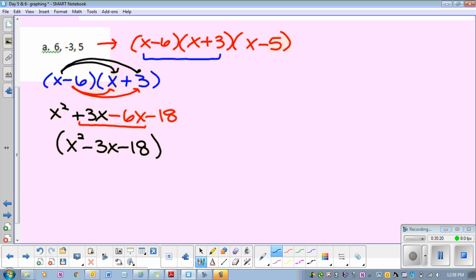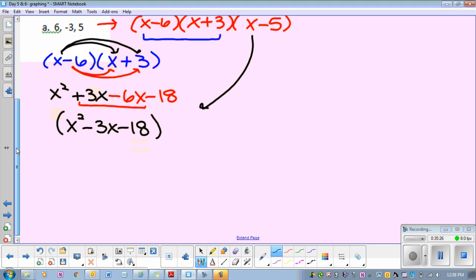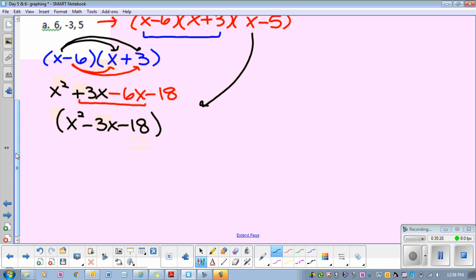So you're just FOILing, but now you have to take this trinomial and multiply it with your other factor, x minus 5. How many of you have triple distributed? You multiply the first two, and then the third one you do after you turn it into a trinomial.